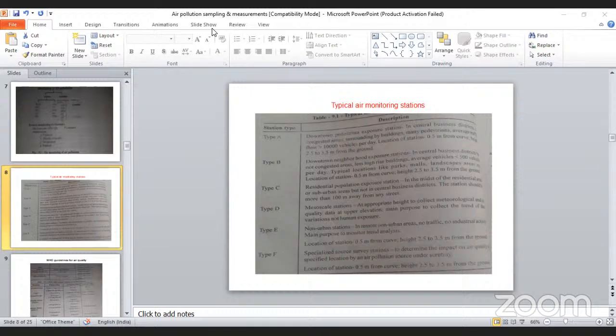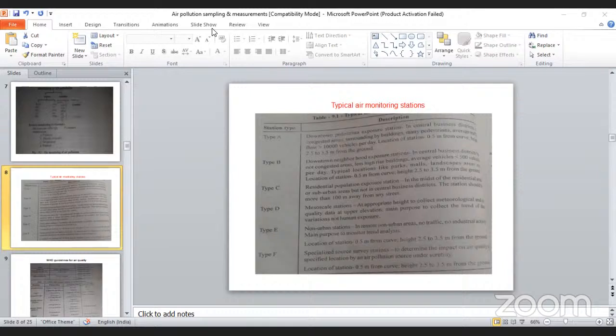And air is supposed to be moved from the source to the collection medium, and there must be a provision to enter the air pollutant into the unit. The inlet manifold transports the sample pollutant from ambient air to the collection medium or analytical device in an unaltered condition. That is very, very important.